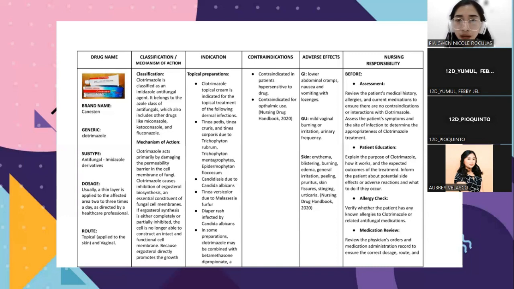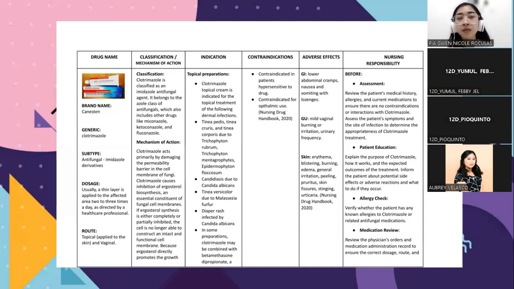In the GU is mild vaginal burning or irritation, then urinary frequency. Next is the skin: erythema, and then blistering, burning, edema, general irritation, peeling and pruritus in skin fissures, stinging, and urticaria. This is according to the Nursing Drug Handbook 2020.